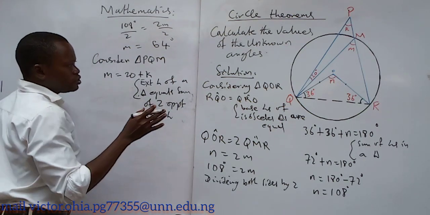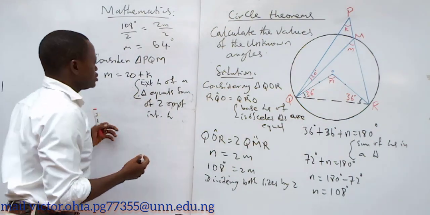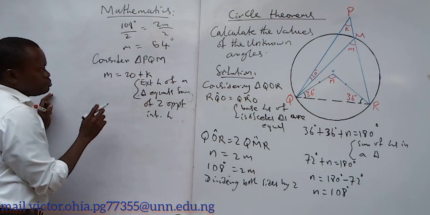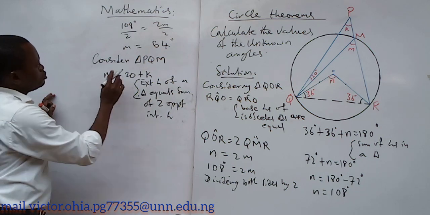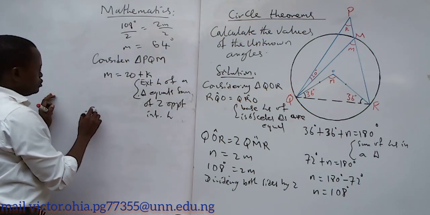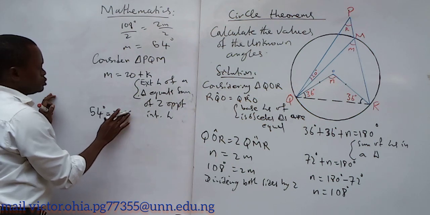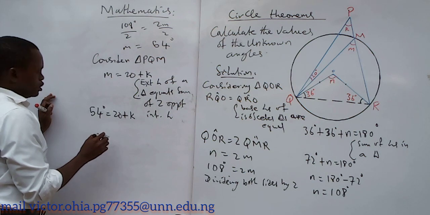If you understand that theorem, which in the previous classes I have been able to show, you understand that this holds. So it means m, which we have been able to get as 54 degrees, is equal to 20 plus k. I hope I'm not too fast.